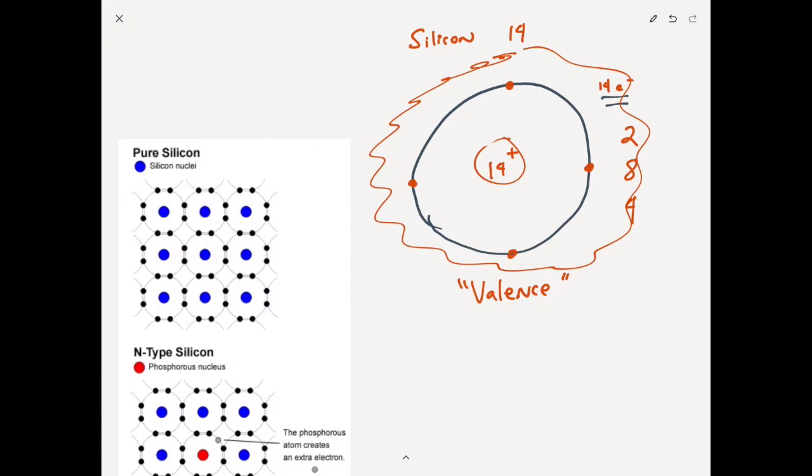So, quick review. There are 4 valence electrons for silicon: 2 in the first layer, 8 in the second layer, and then 4 in the valence, because there is a total of 14 electrons to make silicon a neutral atom. So let's take a look over here at this diagram.